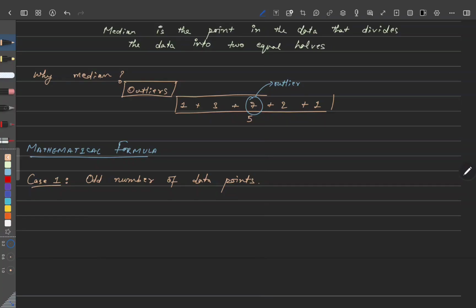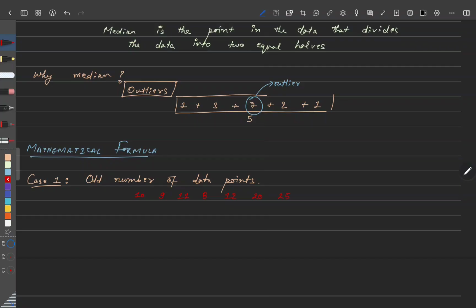Let us consider a set of odd data points and find the median. Let us also have some outliers in the data that we'll be using. Okay, so let's say this is my data. So my data is 10, 9, 11, 8, 12, 20, 25.